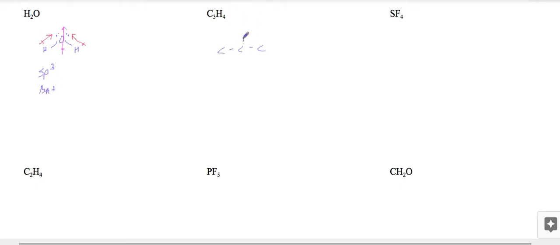4 hydrogens, 1 there, 2 there. That doesn't work. All right, so I'm going to do that. There we go.